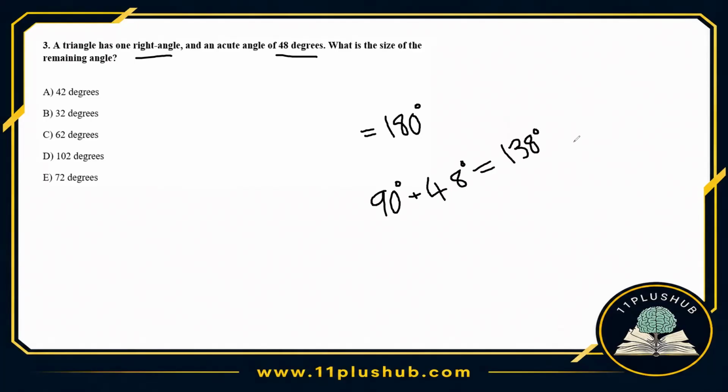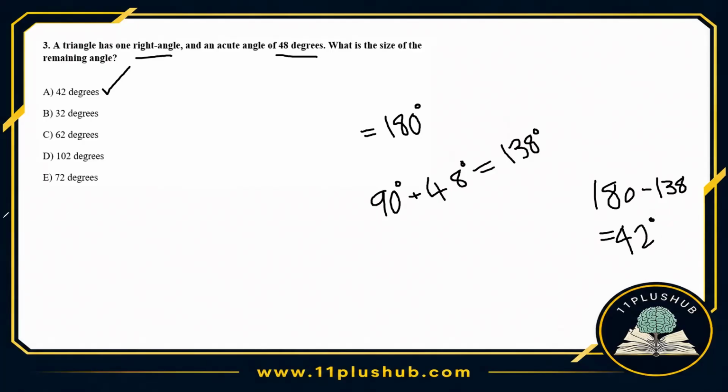And we know that the triangle must have 180 degrees. So to work out the missing angle, we need to find the difference between 180 and 138. Okay, so 180 subtract 138. That's how we're going to figure out the difference. And in this case, the answer is going to be 42 degrees, which is option A.